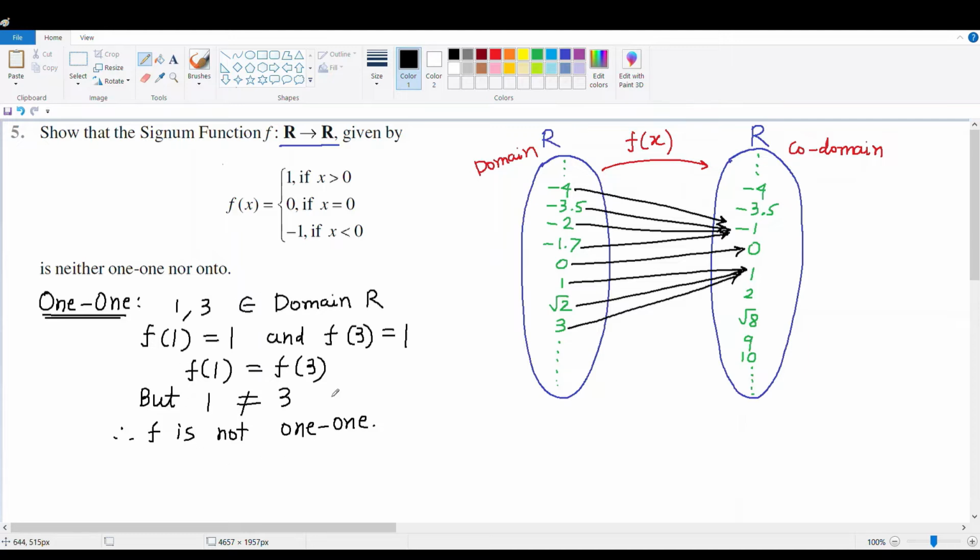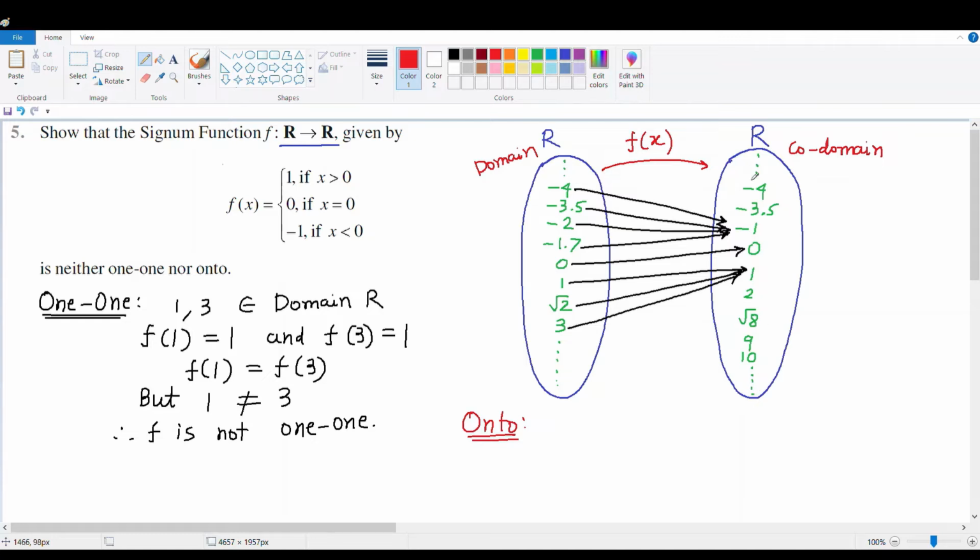So one part we finished, that this is not 1-1. Now we need to look into onto. If all the elements in your codomain are occupied with some pre-image in the domain, then it is onto. Now you can literally see that every number from the domain is connected to just 3 numbers: -1, 0 and 1.